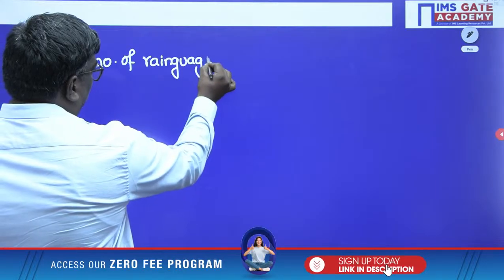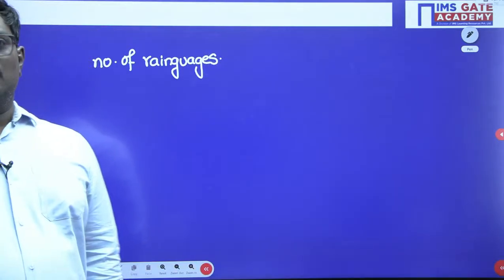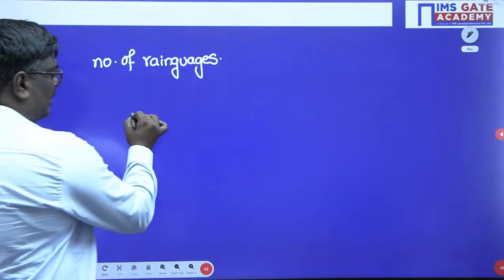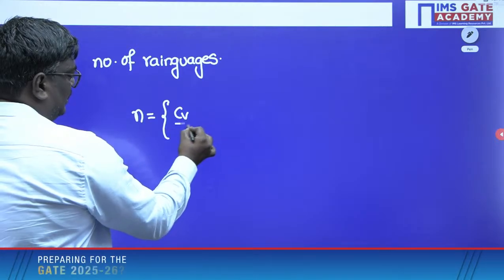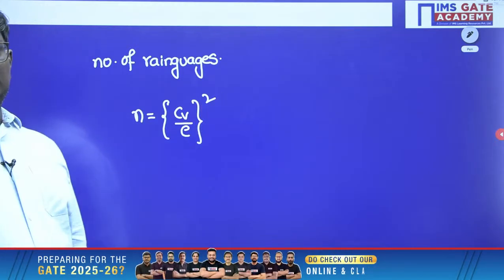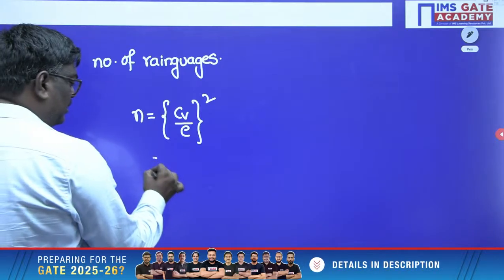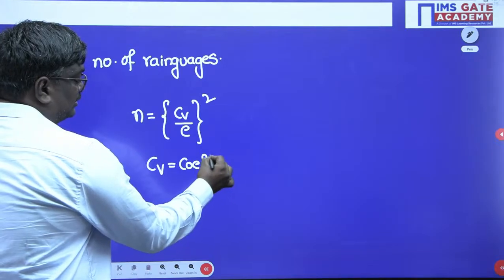Now my dear students, the number of rain gauges is given by the formula N equals (CV upon E) whole square. Now see students, what is CV here? CV is nothing but the coefficient of variation.